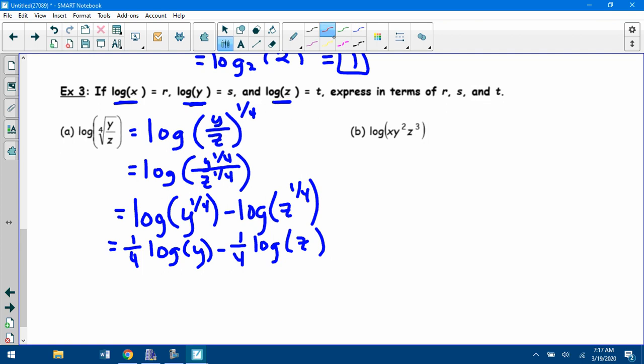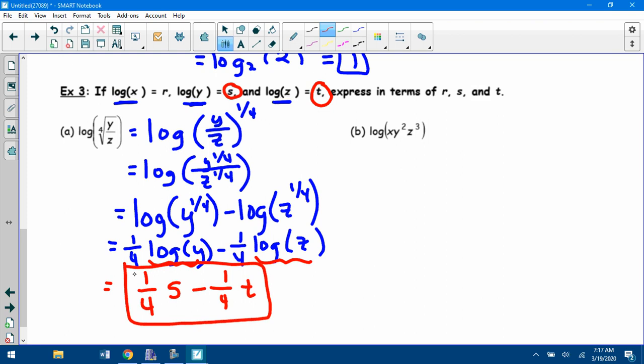And now since log y is s, this piece here is s. So I'd have 1/4 s minus, and similarly, since log z is t, this is minus 1/4 t. So there I wrote my expression in terms of s and t.